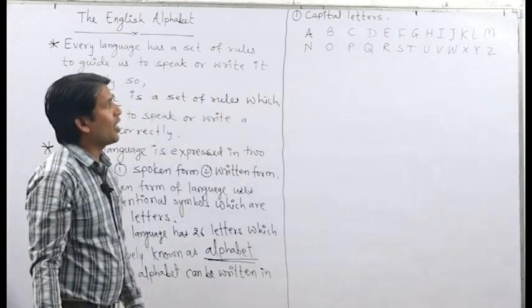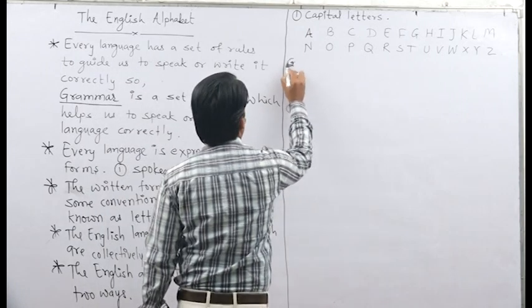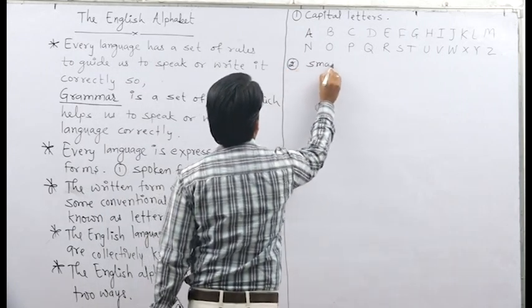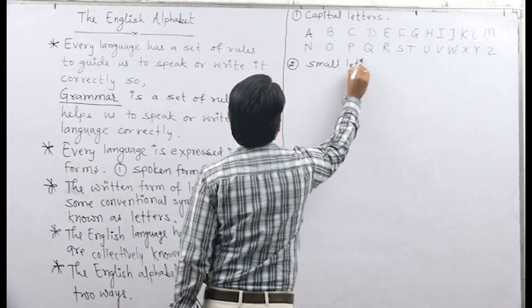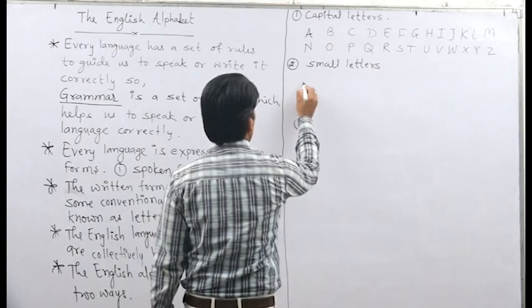These letters are known as what? Capital letters. And number two, what? Small letters. Then which are small letters?